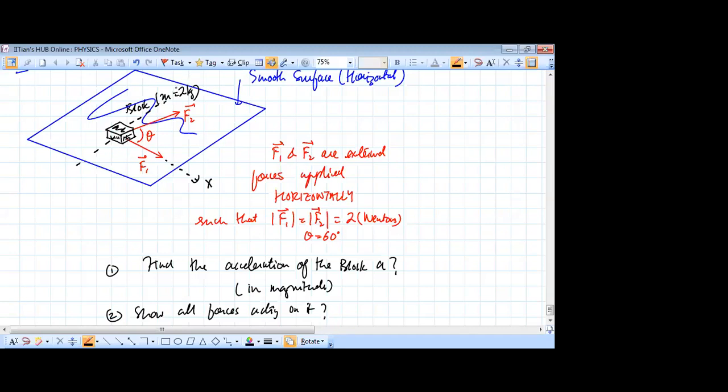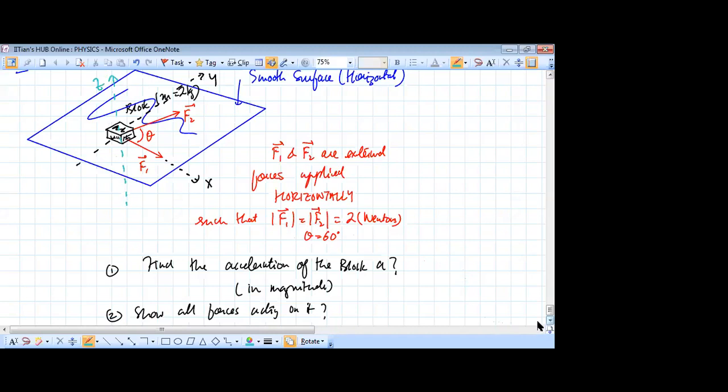So your xy plane is the horizontal plane, and your vertical is which axis now? It's the z-axis. So the vertical axis will become this one. This is your z-axis.